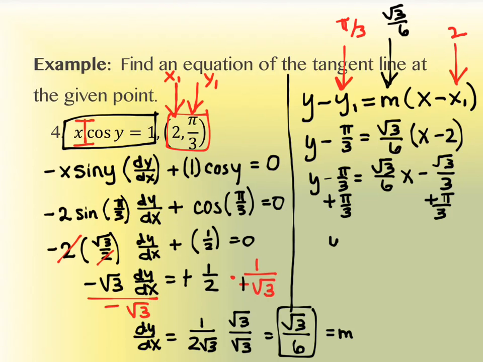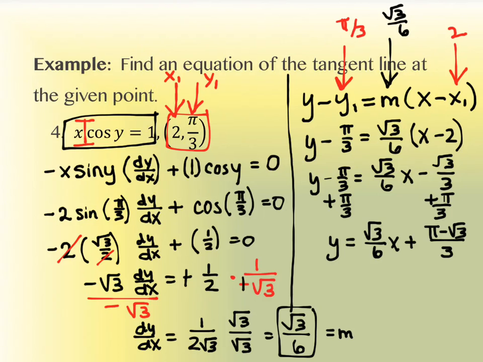Unfortunately, you can't really simplify that because they both don't have a radical and they both don't have a pi in them. But we can write this as square root 3 over 6 x. You could combine, they do have the same denominator, so this would be plus pi minus radical 3, that'd be one way to do it, over 3. If you don't want to combine those into a single fraction, that's perfectly okay as well. It's really not a big deal.